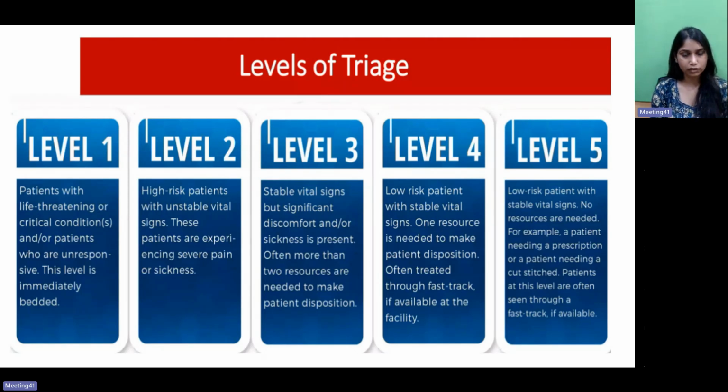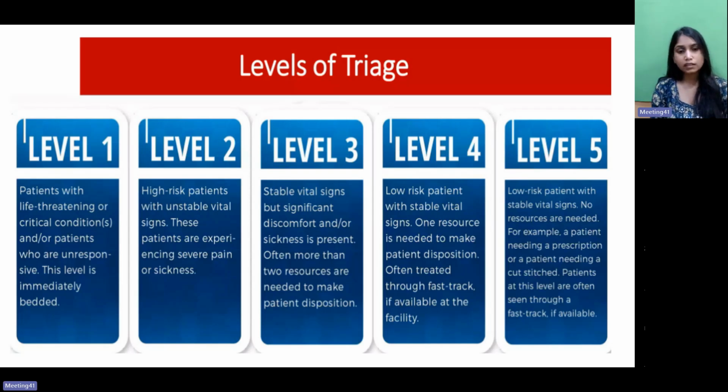A very important level, where the patient's condition is very critical. And then level 2 is the high risk patients. Here the patients have a very high risk, anything can happen to them, right? These patients are experiencing severe pain or sickness, so this comes in level 2.